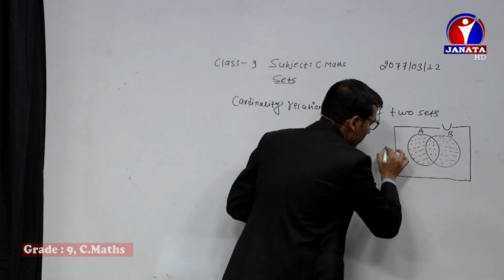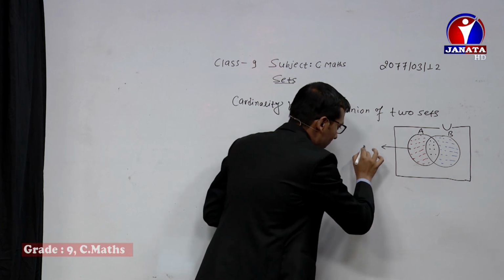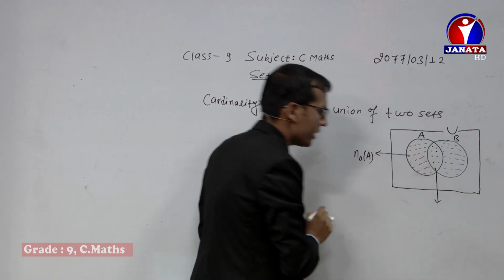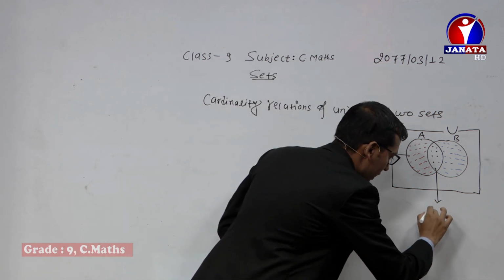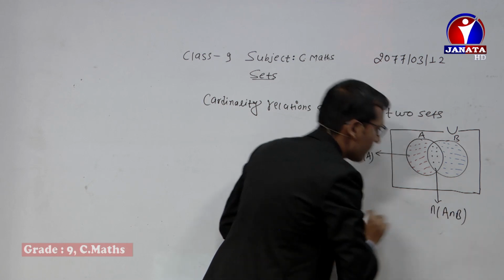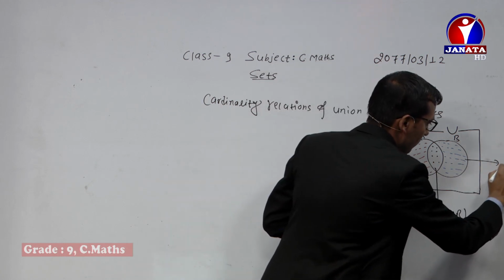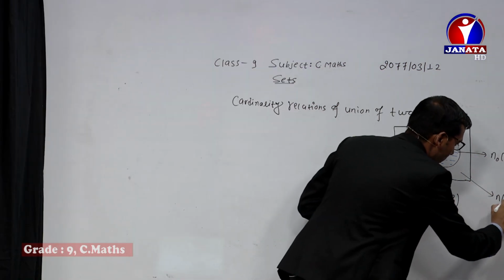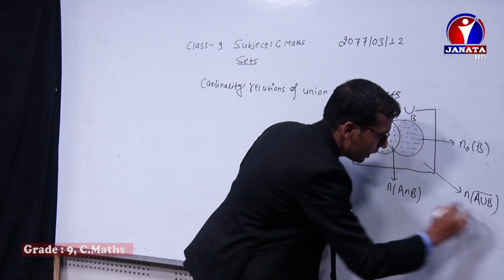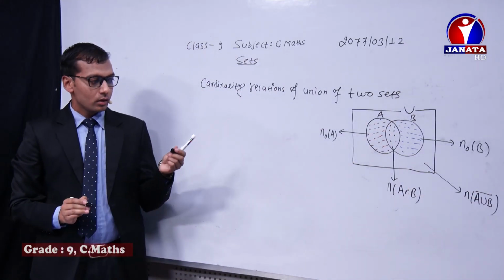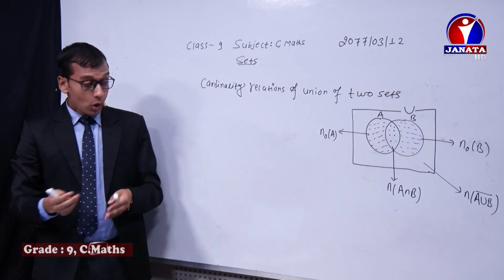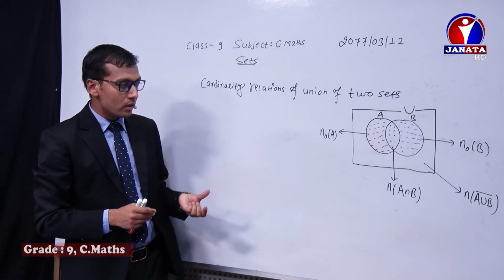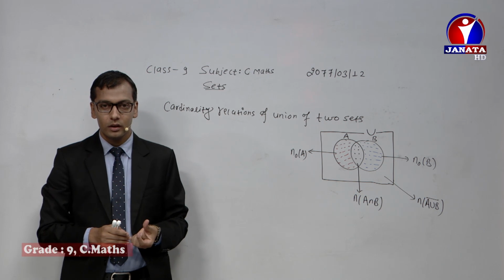The first region is n only A. The intersecting region, or common region, in the diagram is called n of A intersection B. This is n only B, and this outer region is n of A union B complement.